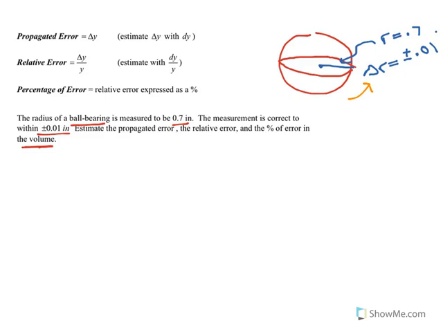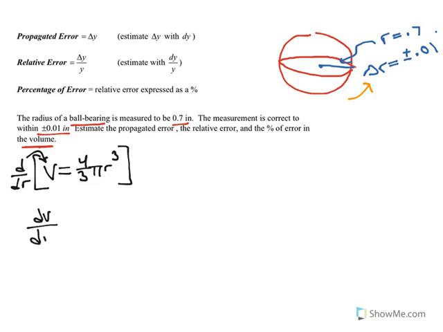So the volume of a sphere is 4/3 pi r cubed, and we want to produce a first derivative with respect to the change in r. So derive it with respect to r. The derivative of v, dv dr, equals the first derivative of this.